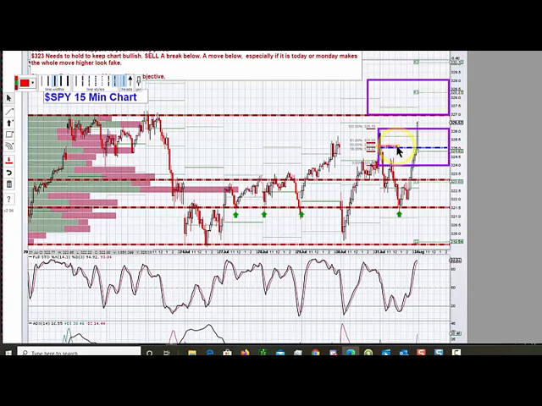Now, if you were a bit tentative, I'm going to make that thicker. If you were a bit tentative and you missed this big plunge down, stay calm. Look for that 50% halfback move short entry. You got it.